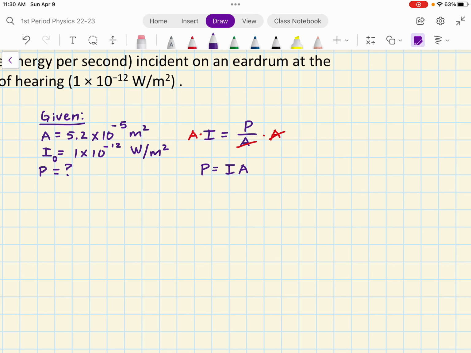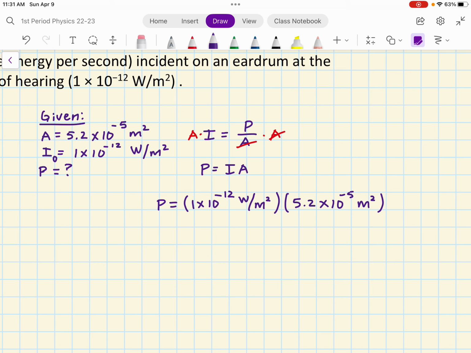So we just plug in our numbers. Power is equal to intensity, that's 1 times 10 to the negative 12 watts per meter squared, times 5.2 times 10 to the negative fifth meters squared. Sorry, not watts, just meter squared.